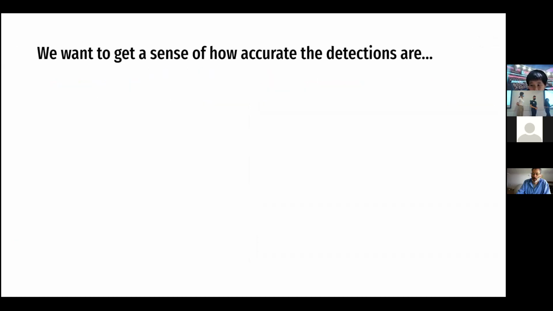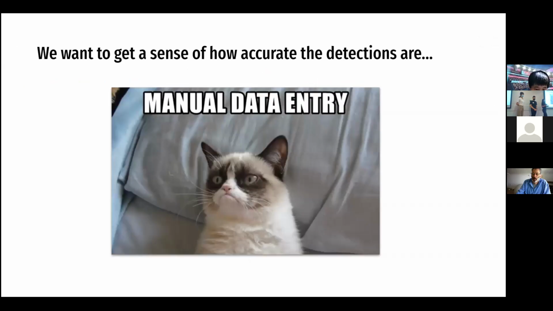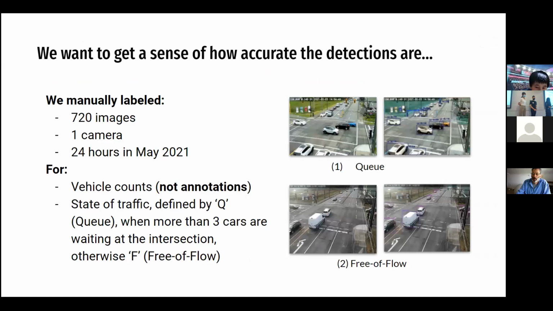So naturally, the first thing we want to do is get a sense of how accurate the detections are before we use that data. That leads us to the inevitable, most nasty part of every data science project, which is manual data entry. What we did is we spent some time and effort manually labeling 720 images from one camera over 24 hours in May 2021.